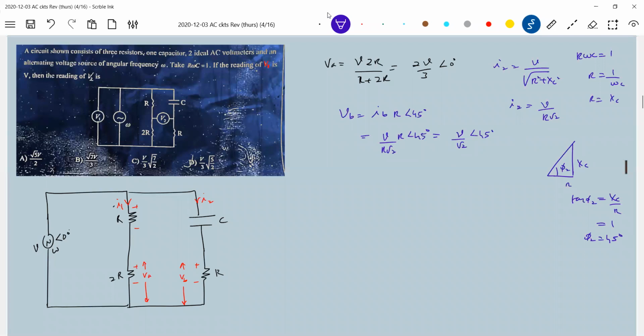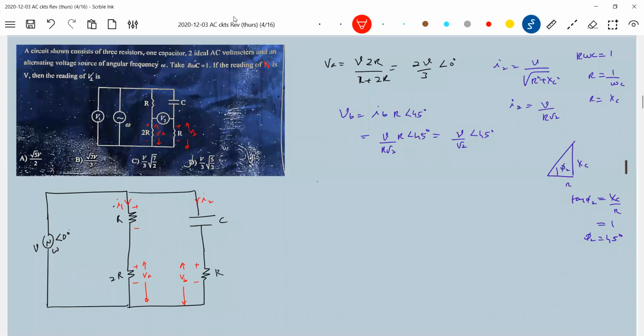Okay, till here, fine. So what is needed now? The potential drop, this voltmeter, now I'm going to connect it here. Now, what is that voltmeter?